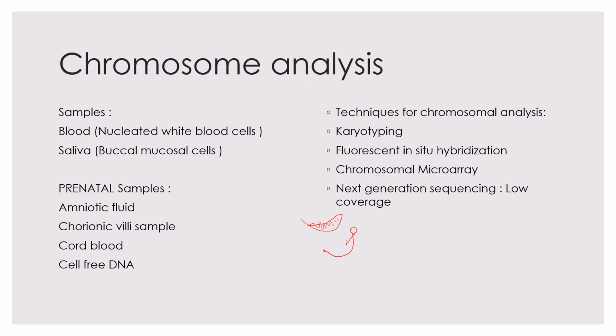This is our baby, attached to the placenta. Around this baby, there are layers called the amnion and chorion, right? And surrounding the baby, there is fluid around all this region. That is nothing but the amniotic fluid. So that amniotic fluid is collected for prenatal diagnosis.